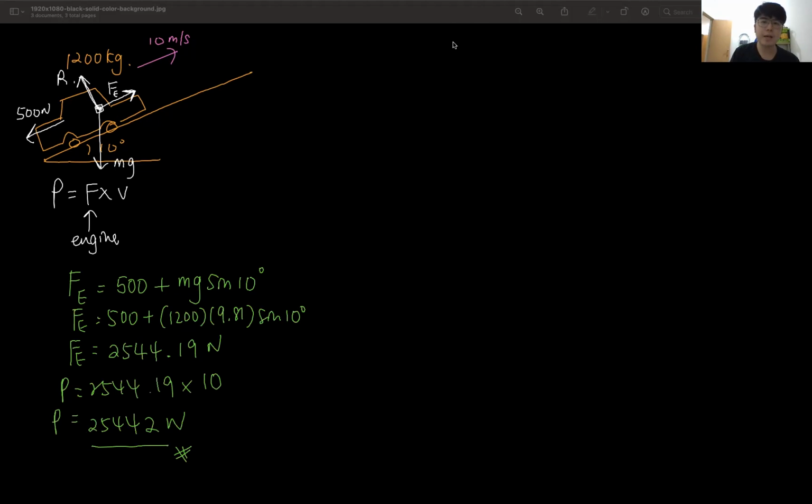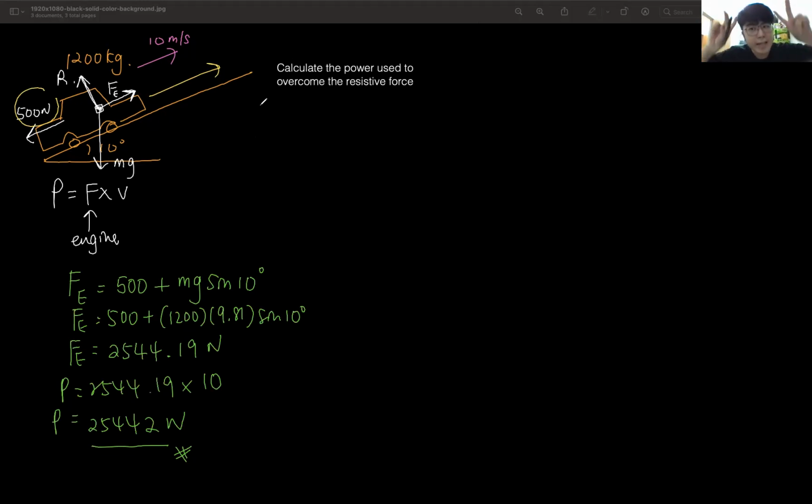Okay, then the question asks again: calculate the power used to overcome the resistive force. What's the resistive force here? Here we will not consider the mg. The resistive force refers to the 500 Newton. This 500 Newton is doing negative work, right? Because the car is moving up and the force is in the opposite direction. So we can calculate the negative work of this, or we can also calculate the negative power.